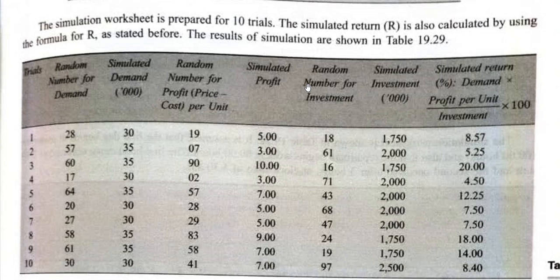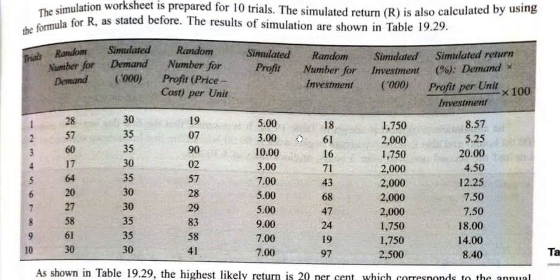So what the question is really asking us is, just imagine you have a given demand for a year and a given profit per unit for that year, and you invested X amount of money that particular year. How much is the profit you're going to get? So we are putting in random values. Remember, this is a simulation, so we're just trying to see what is likely to happen and what is not likely to happen.